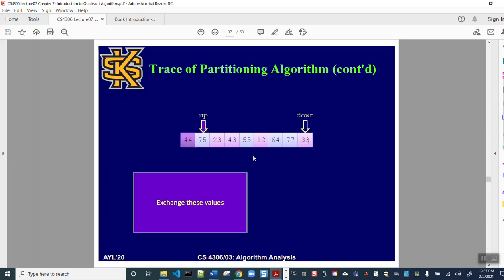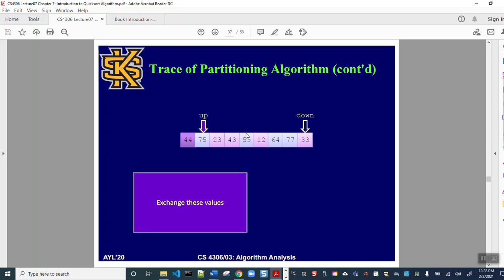So 75 is greater than 33, then we need to make a swap, and then we need to go right until we find any element that is greater than the pivot element. This is not greater than the pivot element, this is not greater than the pivot element, so 55 will be the one, right?